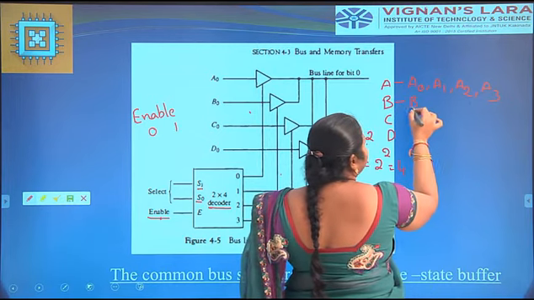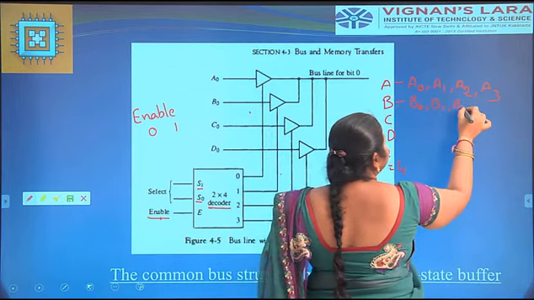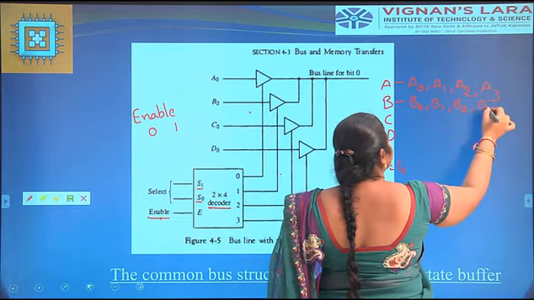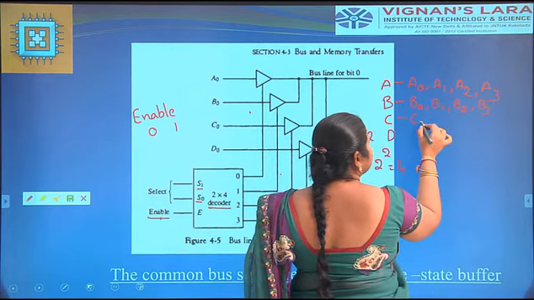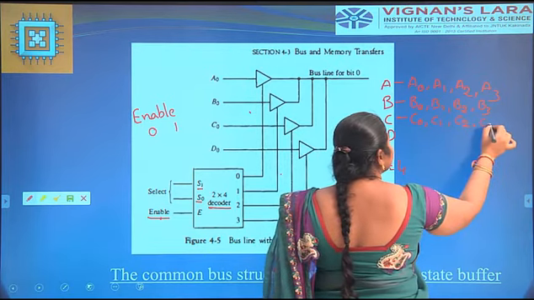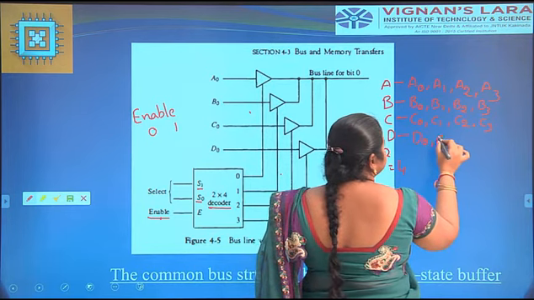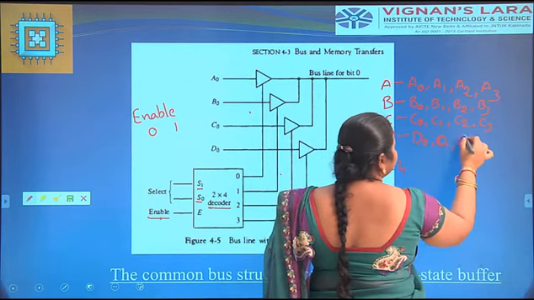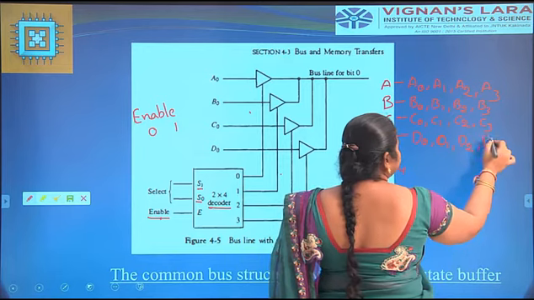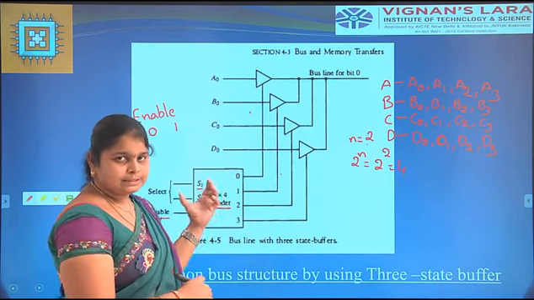B also takes 4 bits: B0, B1, B2, B3. C also takes 4 bits: C0, C1, C2, C3. D also takes 4 bits: D0, D1, D2, D3. This is the 4-bit representation of the bus structure.